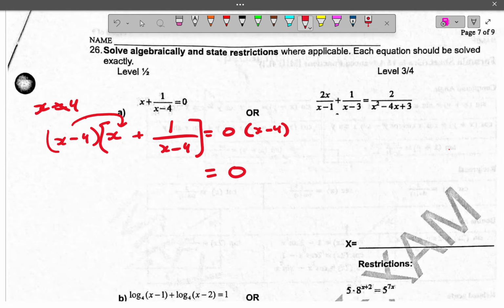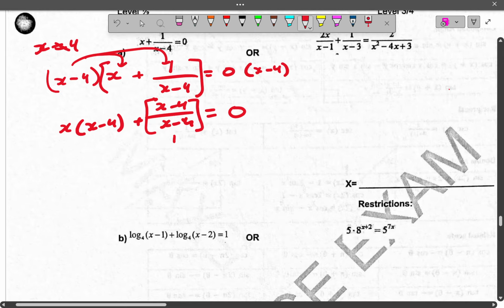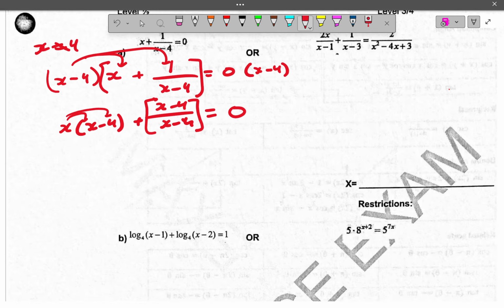And then we're going to do the same and multiply through. So we're going to have here x times x minus 4 plus x minus 4 divided by x minus 4. And so here, this second term on the left side is just 1. So I'll just keep that as 1. And then we could do the same and distribute the x into the x minus 4. So we get x squared minus 4x plus 1 equals 0.